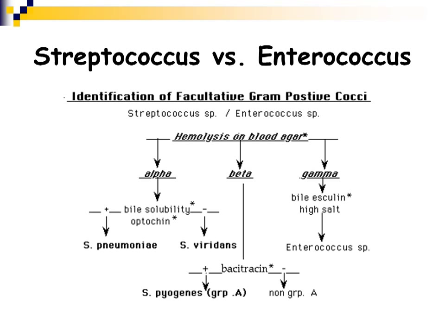So Streptococcus versus your Enterococcus organisms. So you have your hemolysis on blood agar. You always want to look, is it alpha hemolytic, beta hemolytic, or gamma hemolytic? If it's alpha hemolytic, you are differentiating between Streptococcus pneumoniae and Streptococcus viridans. And the way to do that is through bile solubility and the optochin test.